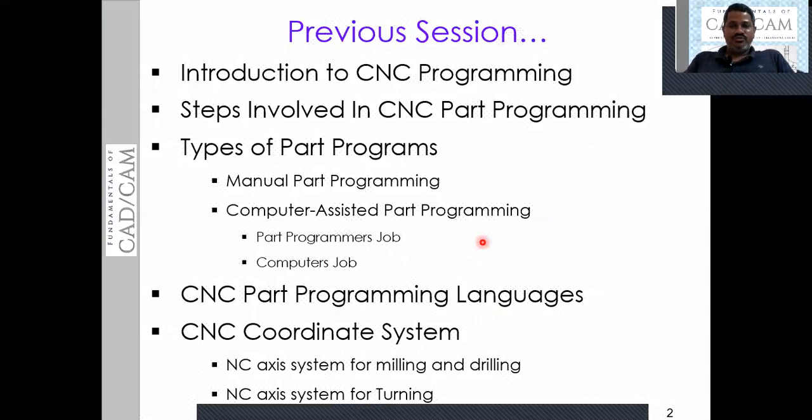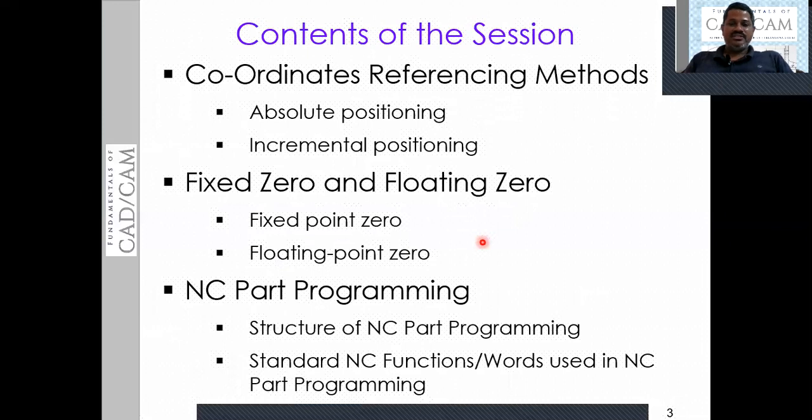Let me move further to discuss the contents of this session. This session includes the coordinate referencing methods, in which we are going to discuss absolute positioning and incremental positioning. While specifying the movements of the tool, in what way are we specifying?